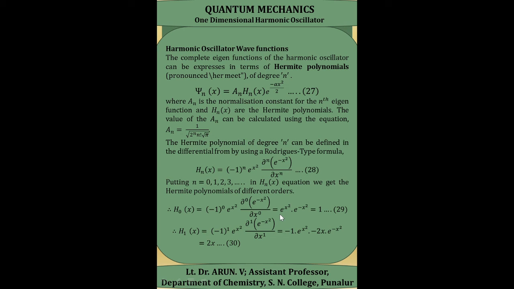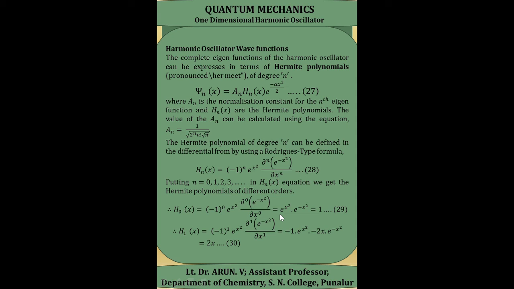Next, we have to find out the harmonic oscillator wave functions. The complete eigenfunctions of the harmonic oscillator can be expressed in terms of the Hermite polynomial, and this term is pronounced as Hermite of degree n, that is, Hermite polynomial of degree n.